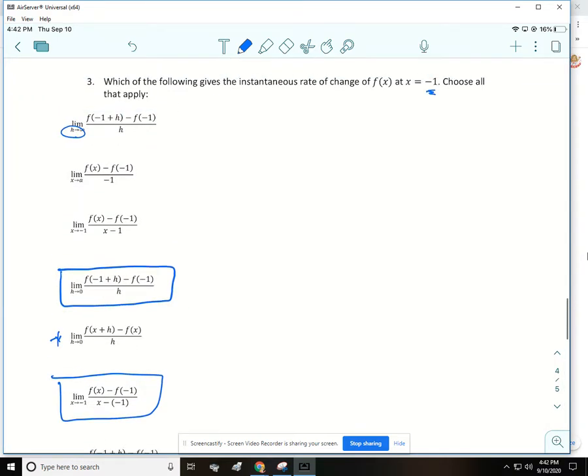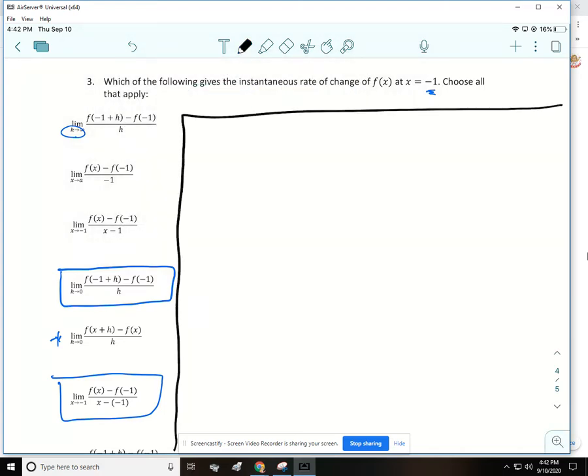Okay, I'm going to make up another problem that I want you guys to add. We'll call this one number 4. On number 4, we're going to let f of x equal 2x squared minus 3x.